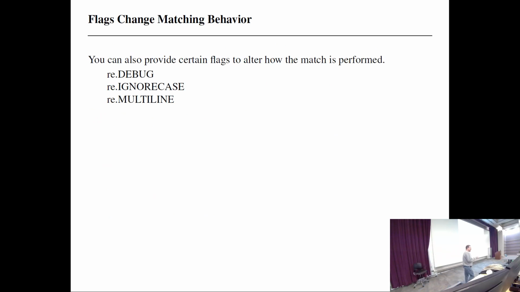Now, re.match and re.search have a bunch of optional arguments, some of which can help you debug your regular expressions, and they're also meaningful because they let us see how regular expressions work. So for example, I know that this re.match does not match because I'm looking for a lowercase ab and my string starts with an uppercase AB.